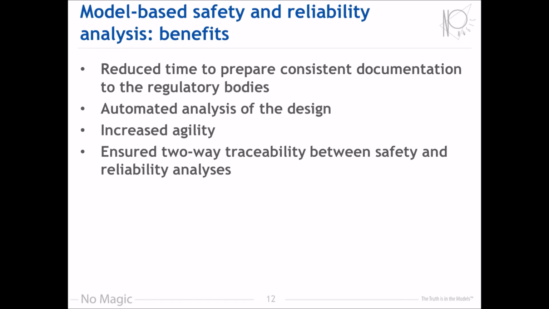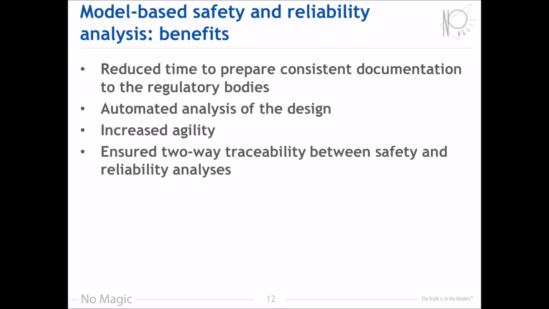Basically, users observe a lot more frequent exchange of information between safety and reliability analysis cross-functional teams. They observe shorter development cycles followed by shorter safety and reliability analysis cycles. And these things lead to a lot more precise detection of risks and faults, and in the end, safer, more reliable products.